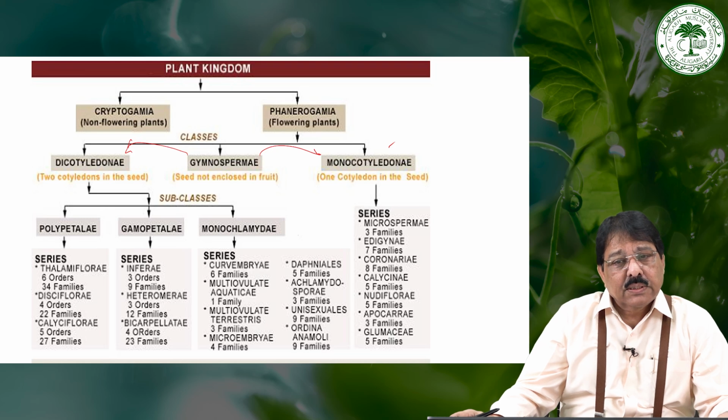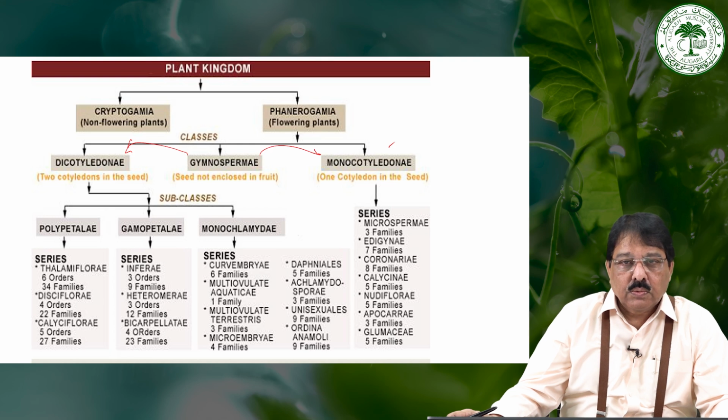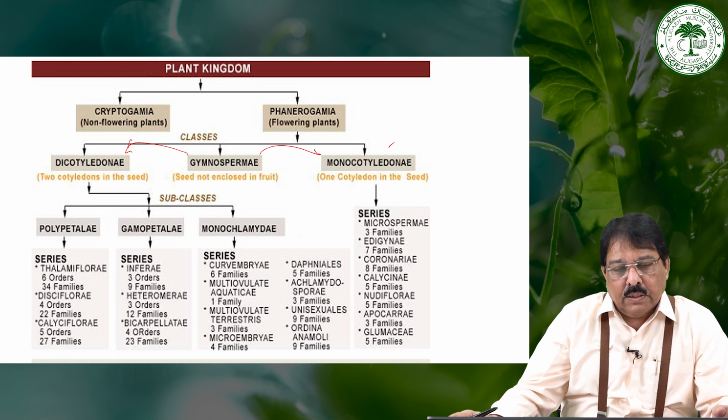If I say that you have to identify the dicot as well as monocot, and I provide you the root, then how would you identify? If it is the TS section of the root, then you are definitely able to identify because of the number of the vascular bundles.